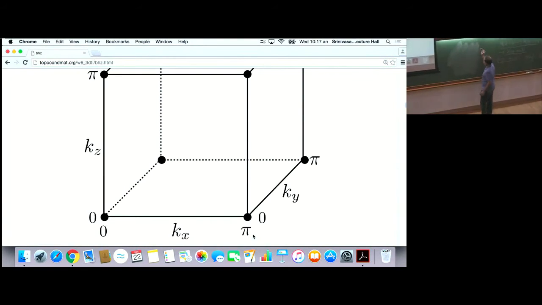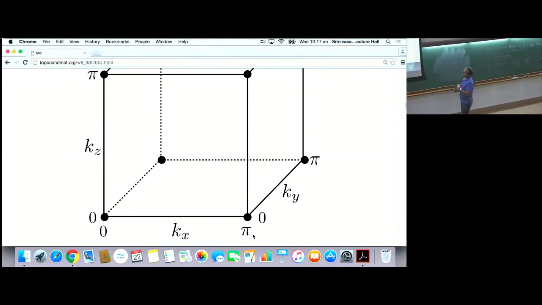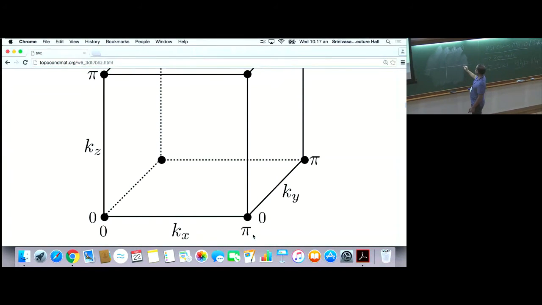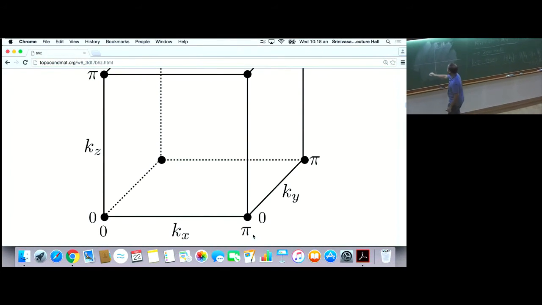If this plane kx kz is trivial, I can plot the surface band structure at ky equals 0 as a function of kx, which is still a good quantum number, and I expect quantum spin Hall edges.